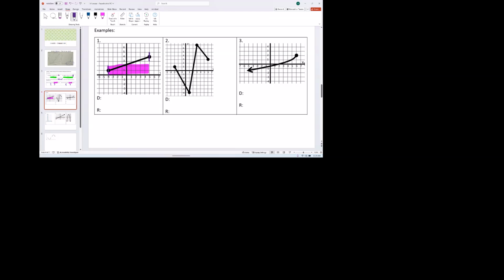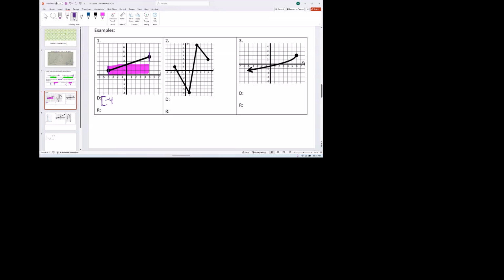Smallest x value? -4. Yep, -4. And then when I think about a bracket or parenthesis, I'm going to look at the graph. Well, is it touching -4? Yes, and that closed circle means it includes it. So if it includes it, that's going to be a bracket. Okay, so it starts at the smallest x value, which is -4.